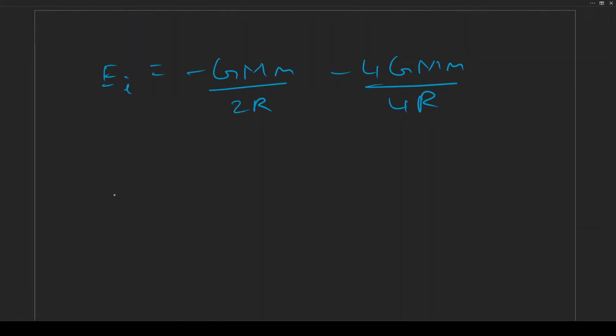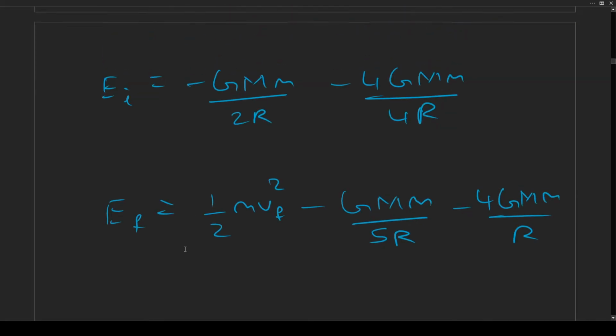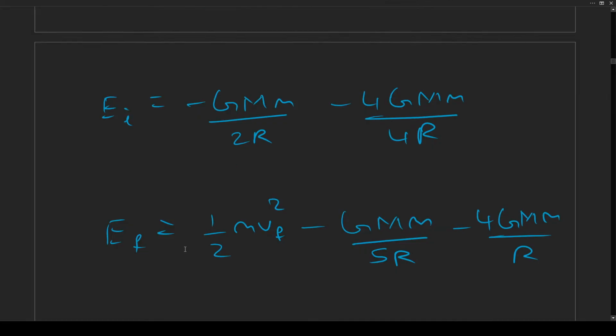Now E final, when it is supposed to strike the sphere, there should be a kinetic energy half mv final square. There should also be a potential energy minus GMm by 5R minus 4GMm by R. Now both of them should be equal.